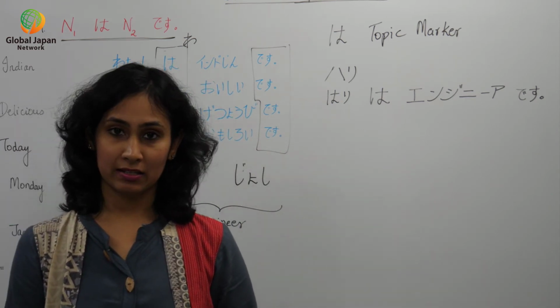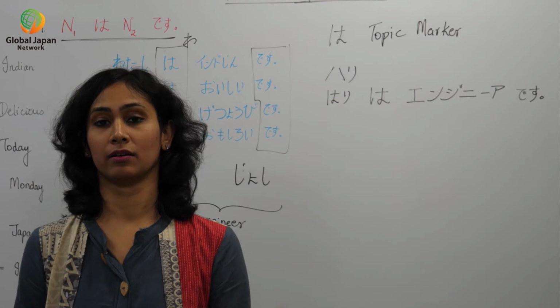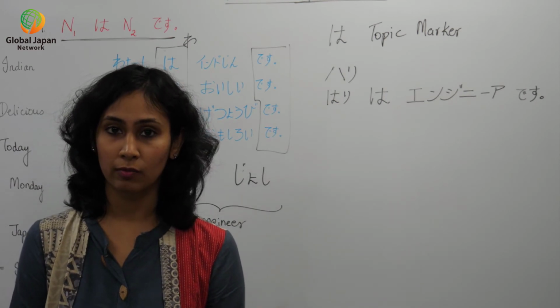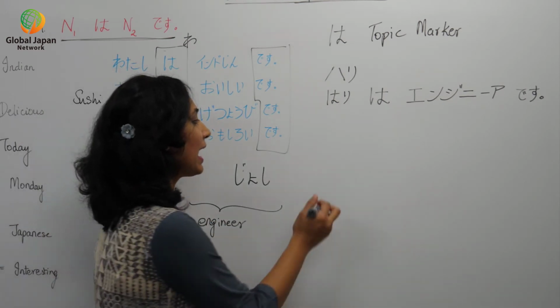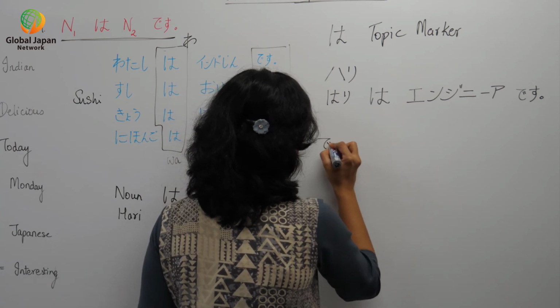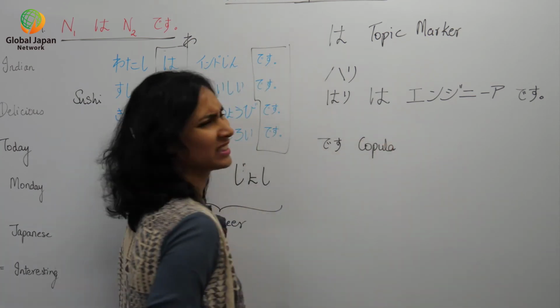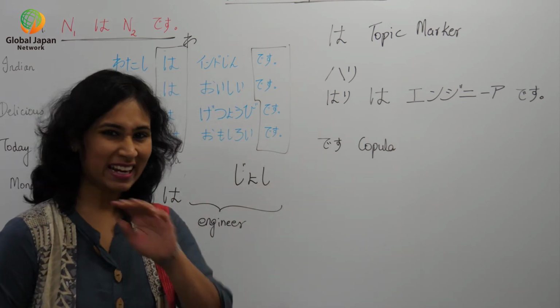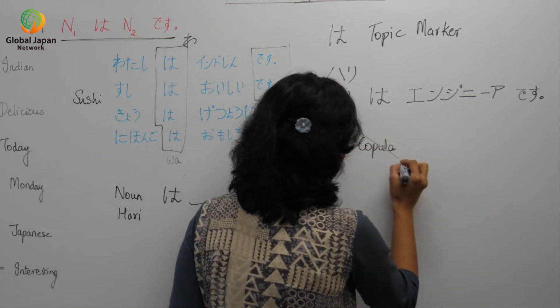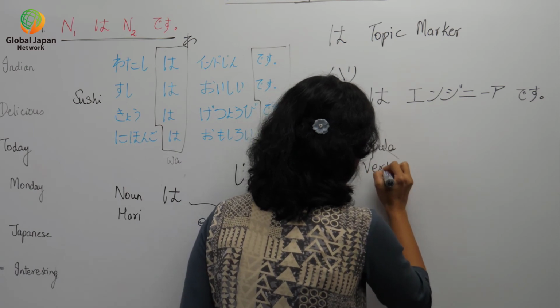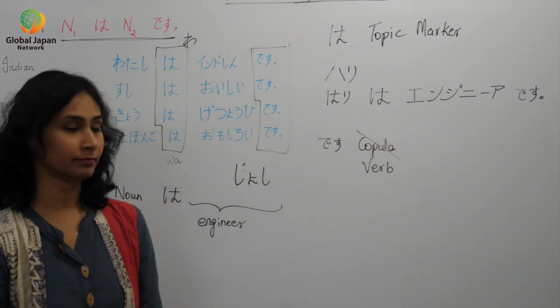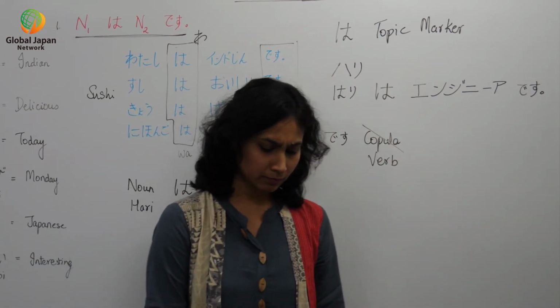This takes us to the next term which you're going to learn, which is this. And let me call this the copula. Copula. Very technical it sounds, right? Okay, we will change this into verb for now.